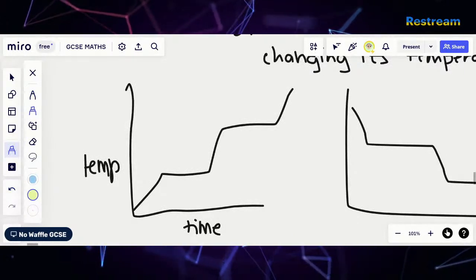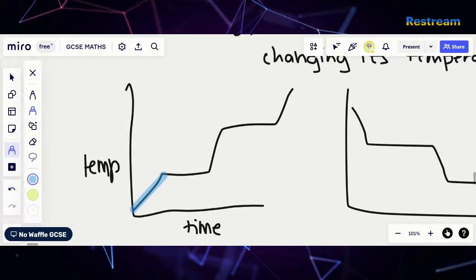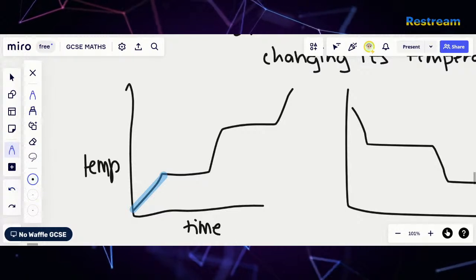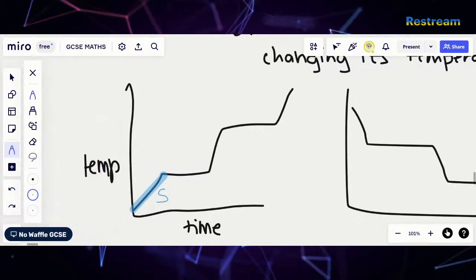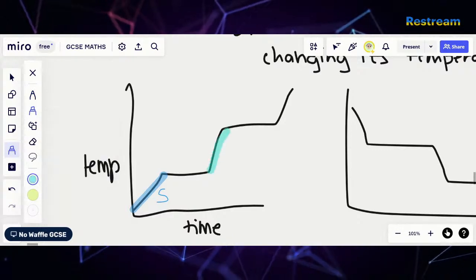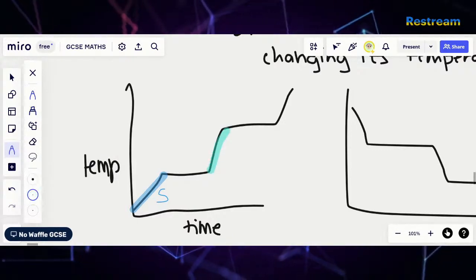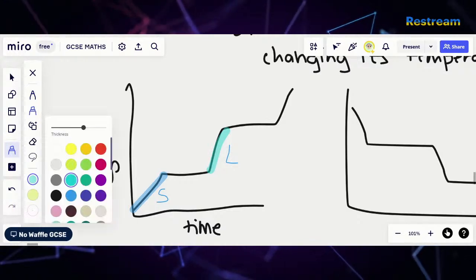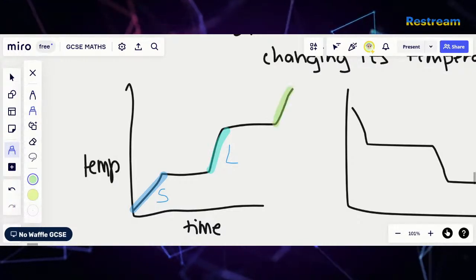Between this point and this point, it's a solid. Let me write that here. Between this point and this point, it's now a liquid. And between this point and this point, it's now a gas.